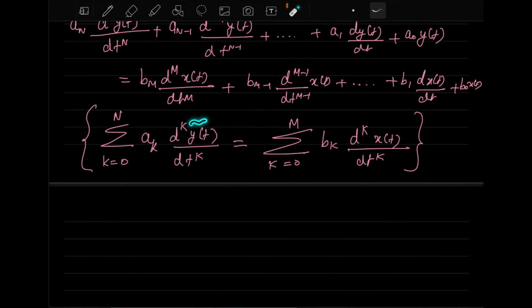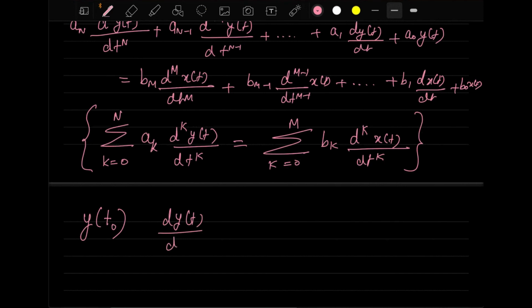Along with this equation, which is used for finding the solution y(t), you have to have the following condition satisfied. There is a constraint, and the constraint is that you should know the value of y(t0), the value of dy(t)/dt at time t equal to t0, and the value of d^(n-1)/dt^(n-1) y(t) at time t equal to t0.